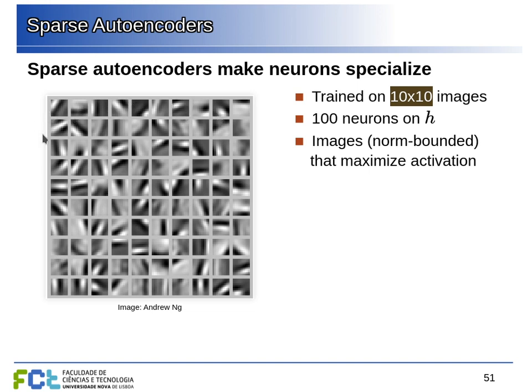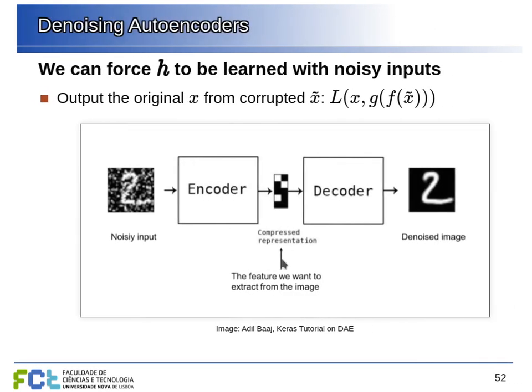What are the patterns in the image that maximize the response? And you see that the different neurons are specializing in different kinds of patterns in the image, because we are forcing the encoding to be composed for each example only of a small subset of neurons firing. So they have to specialize in finding informative patterns in the images.